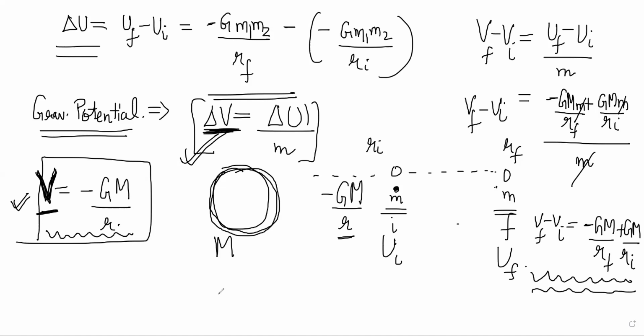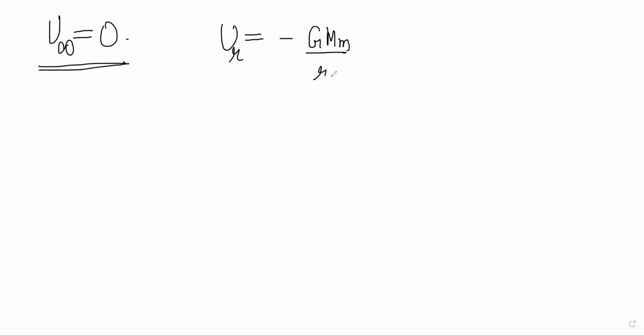Right? So all of these cases are being discussed with the implicit understanding that U at infinity is 0. If U at infinity is 0, therefore you are saying U(r) is minus GMm by small r, right? Yes. If someone tomorrow changes the definition and says U at r equal to 100 is 0, then all the other values of potential will also change corresponding to that.